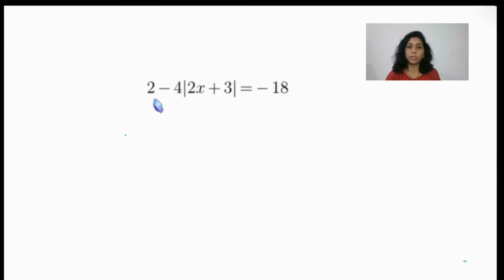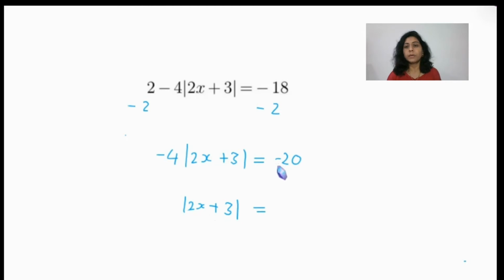In this question, we have to isolate this absolute value, and for this we have to subtract 2, right? And this cancels minus 4 times the absolute value of 2x plus 3 equals minus 20. Now divide both sides by minus 4, so the absolute value of 2x plus 3 equals 5.